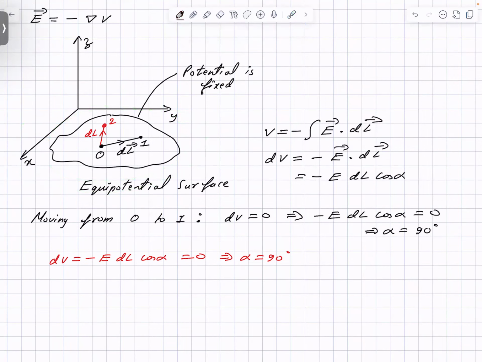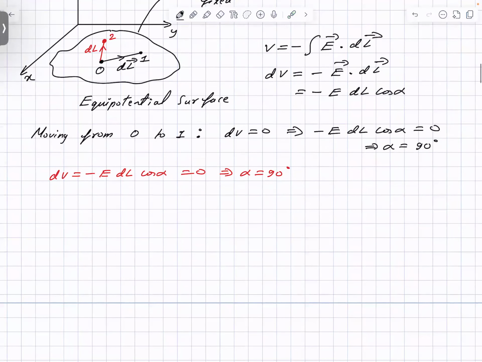So from our analysis, what we can tell is that electric field intensity is perpendicular to the equipotential surface.